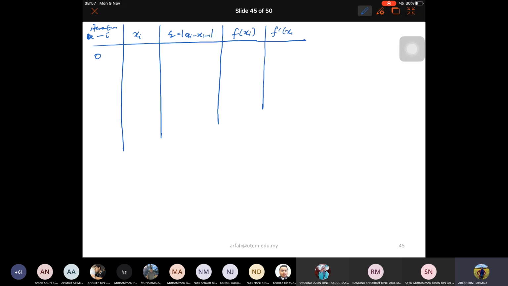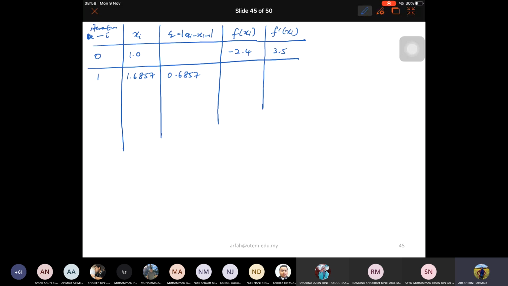So tadi initial guess kita dapat dia punya ni sama dengan 1.0. Okay. So yang lain-lain tak ada sebab itu adalah dia punya initial guess. So bila gantikan f(x) sama dengan 2.4, f(x) sama dengan 1 dan juga f prime x sama dengan 1, awak dapat these two value. So untuk iteration pertama tadi kita dah kira dapat 1.6857 and then yang ini 0.6857. Yang mana this error term adalah yang ini.